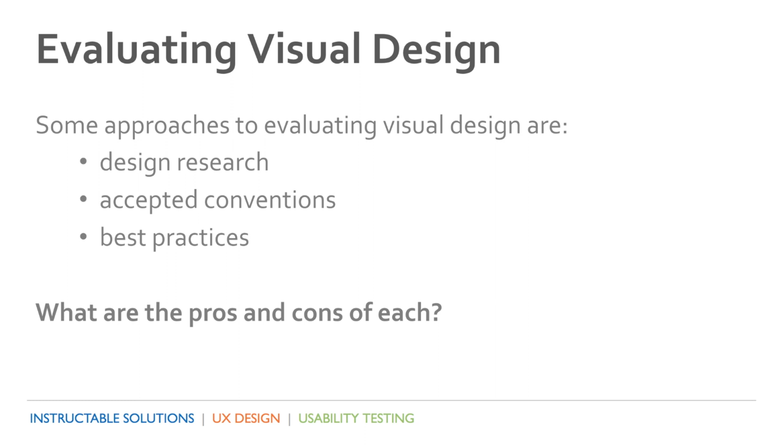Well, the answer really is a combination of all three. I don't think there's any right answer to sticking with one versus the other. What you have to do is contemplate what your design needs and balance that against what your user wants and your product objectives are. That should help you determine what you utilize from your visual design evaluation.